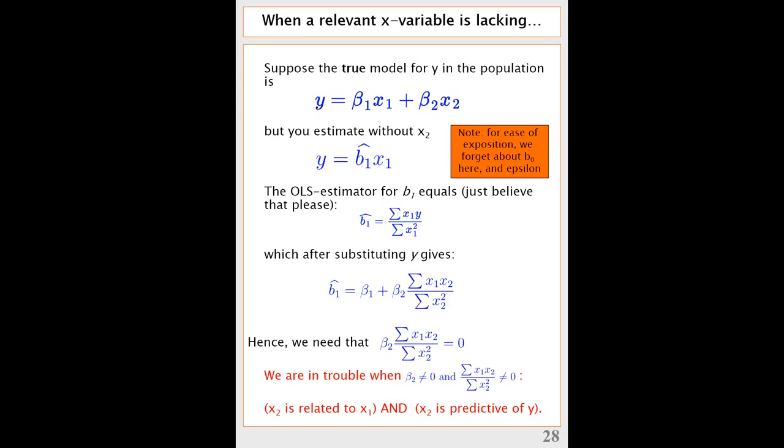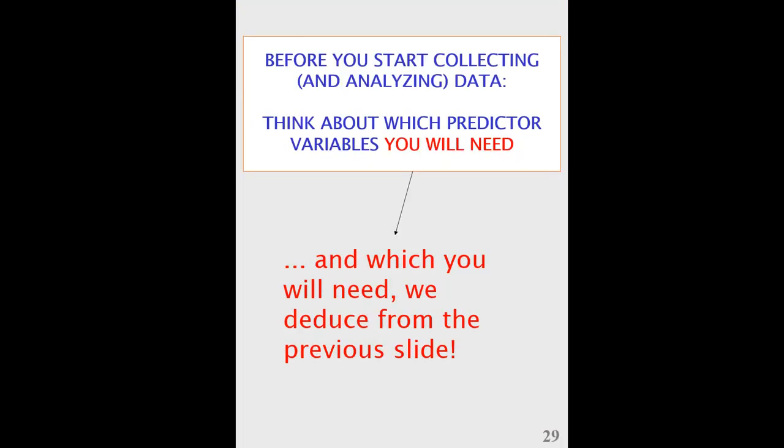So if there are two things going on, one is x2 is a good predictor of y, and the second is x2 is correlated to x1. If we have both of these, then we're screwed here, because then this term doesn't disappear. So we were trying to figure out which data we need here.